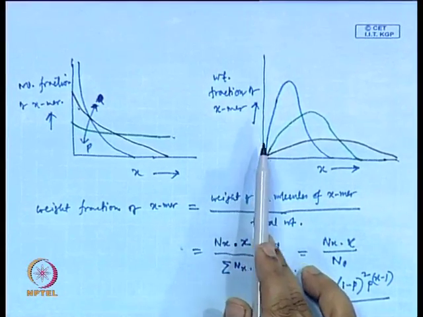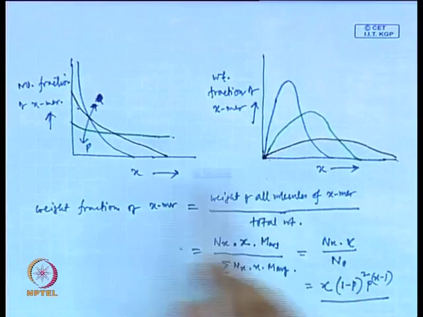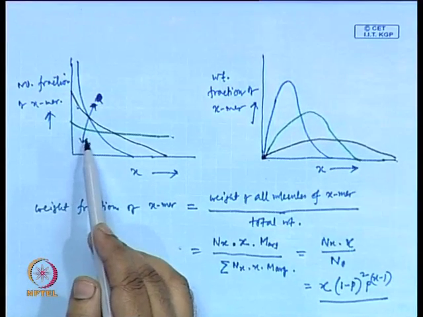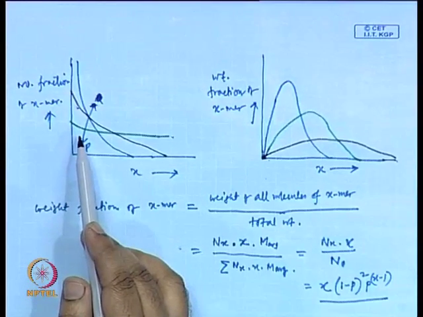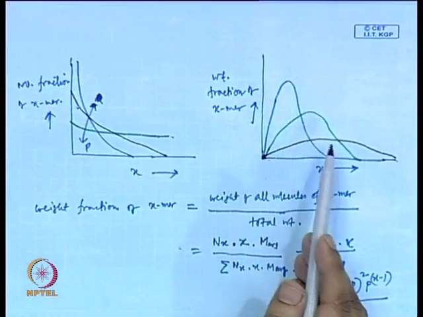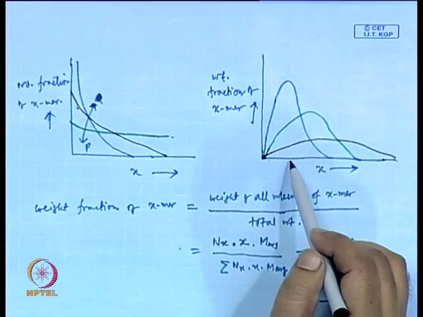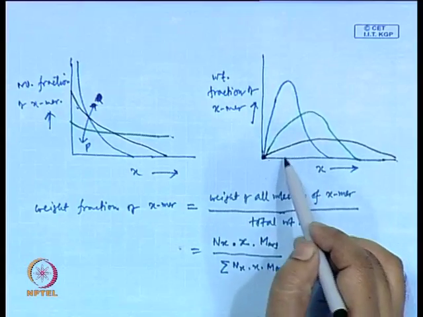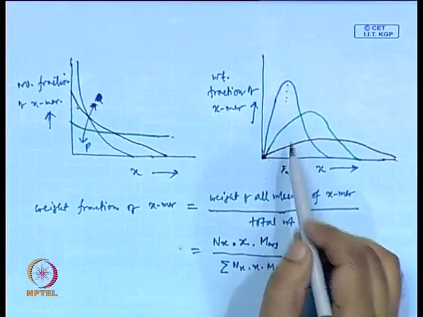Unlike in the case of number fraction, where the maximum was always at the lowest x, with the monomer being the least x, that is, 1, in this case there is a distribution with a maximum, and this maximum comes about the x n bar, the number average.